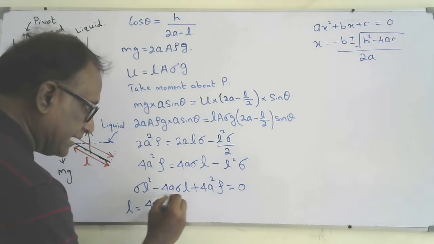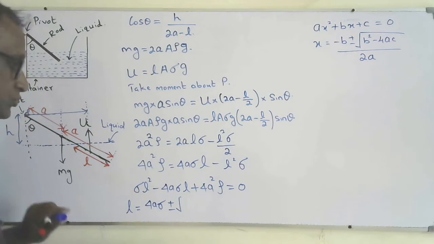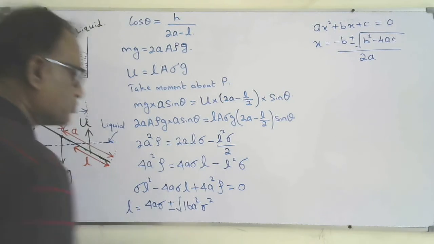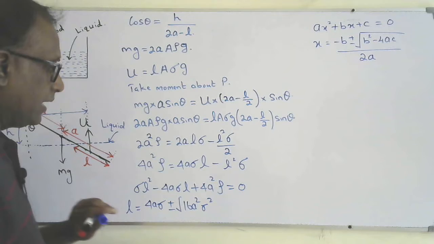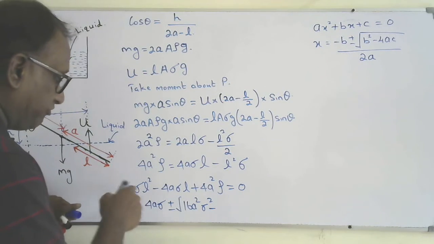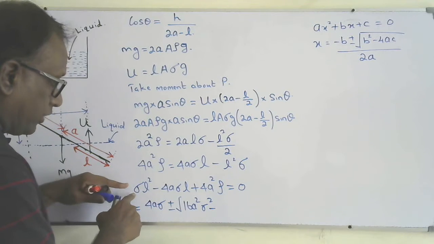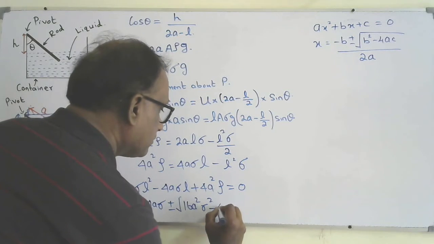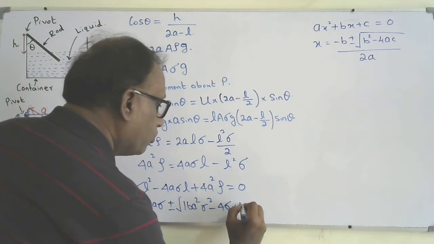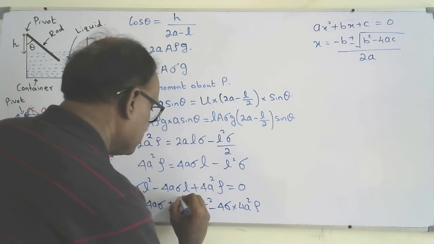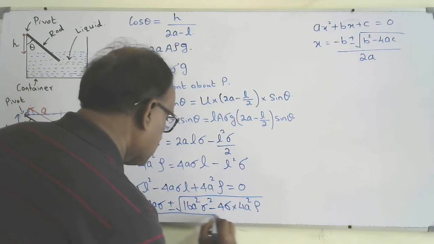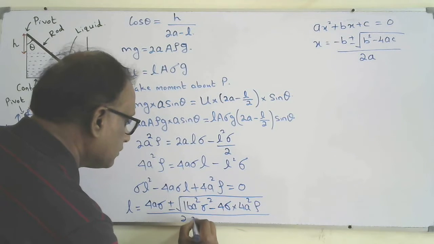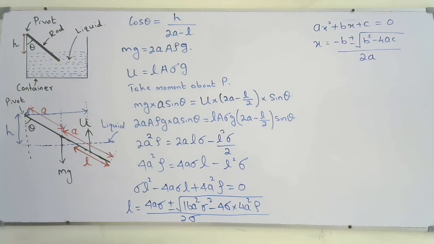The whole thing squared is 16a squared sigma squared, minus 4ac, that is 4 sigma into 4a squared rho, over 2a, which is 2 sigma. This is the solution.